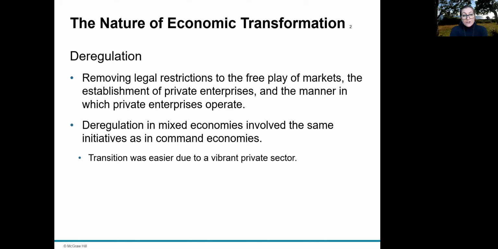It is also about establishing and supporting private enterprise, and deregulation in mixed economies involves the same initiatives as in command economies. So the transition in a mixed economy was easier because the private sector was already there and operational.